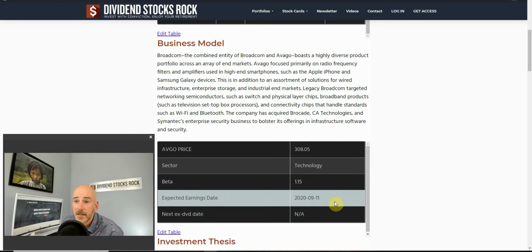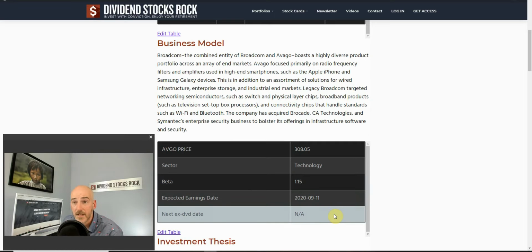Then we have expected earnings date and next ex-dividend date. Those are approximations taken from Y Charts. Sometimes there's a few days of delay, and when the date is not available, for example, when the last dividend payment has been paid and there's no next ex-dividend date yet, we'll have NA right here.